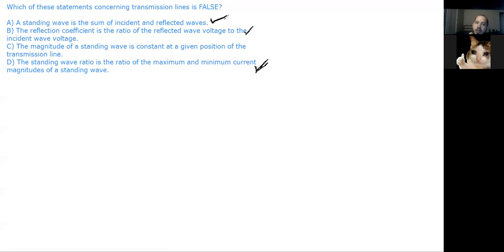Well, I'm kind of leaning towards C. So apparently, according to the book I'm using, the magnitude of a standing wave at a given position along the transmission line will vary with time. So C is false. Okay, cool.